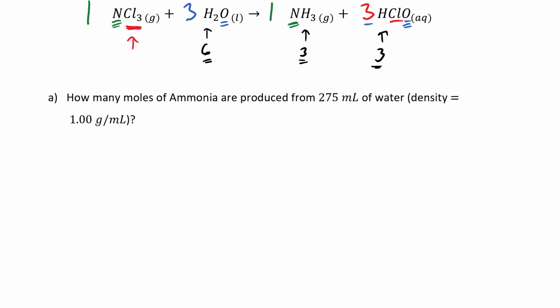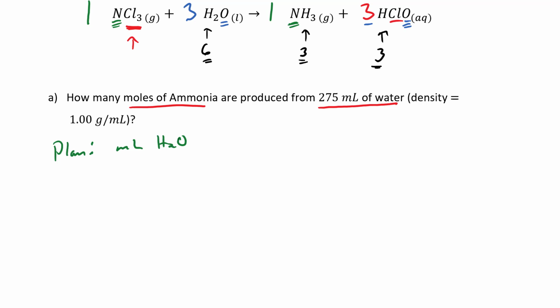Let's take up A together. How many moles of ammonia are required to produce 275 mL of water? So what's my plan here? I'm given milliliters of water, and I want to get to moles of ammonia. How do I go from milliliters to moles? Well, remember, we're dealing with water here.